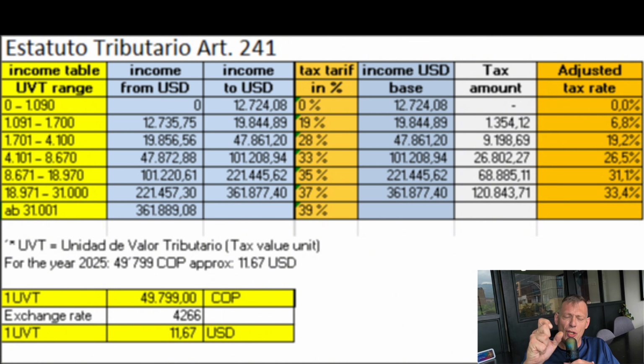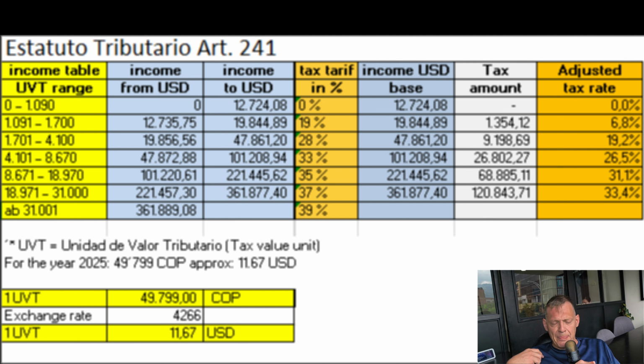Only in this range, you have to pay 19% income tax. And in the third, it's 19,000 up to 47,000 US dollars. You have to pay 28% taxes.